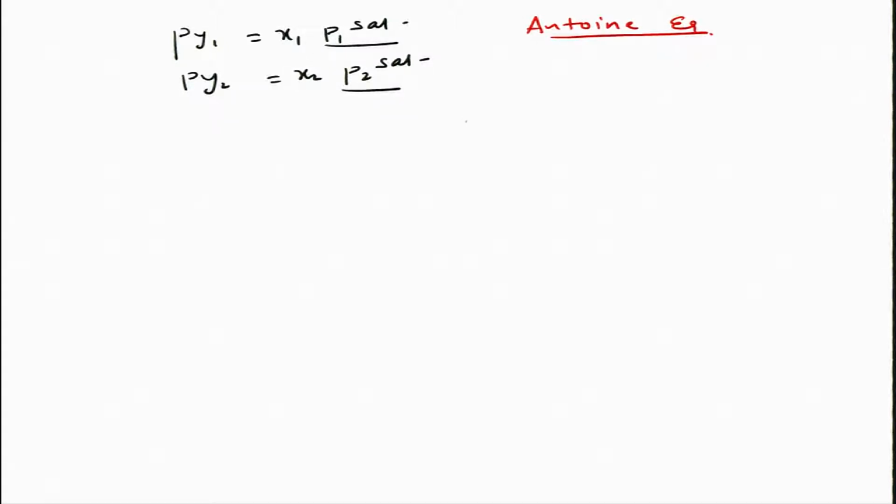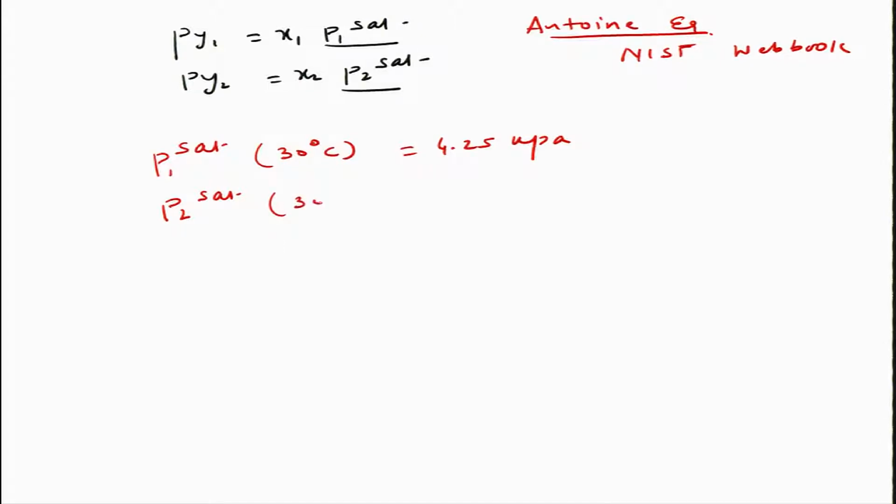You can also make use of the NIST website, web book, where all this thermodynamics data is available. Then P1 sat at 30 degrees Celsius is 4.25 kilopascal, and P2 sat again at 30 degrees Celsius is 10.56 kilopascal. So, using this, if you add it up, it becomes Py1 plus Py2 is equal to P.